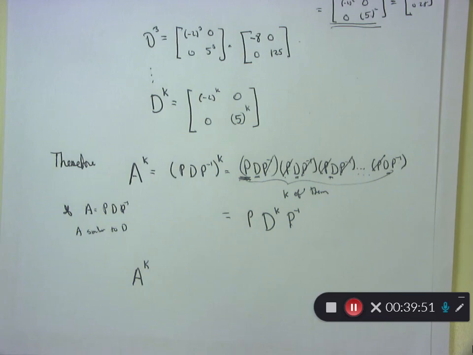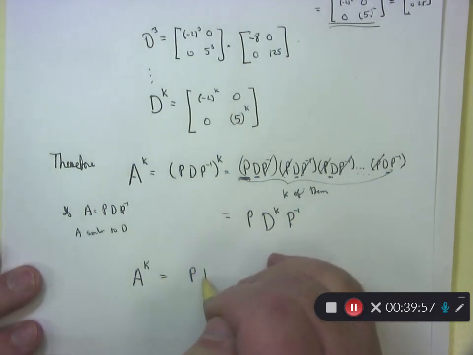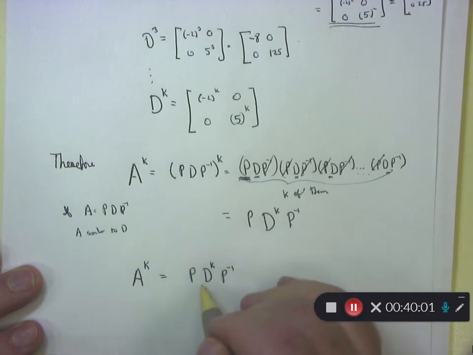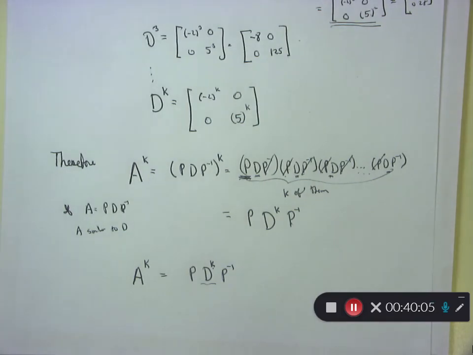But if A is similar to a diagonal matrix, this would be the same thing as P times D to the k times P inverse. And that right there is going to be simple because you just take that k power and raise each entry on the diagonal to the k power. That's simple. That's just basic arithmetic there.